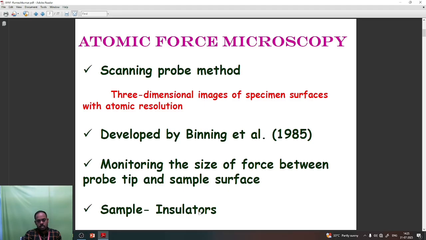In the earlier cases, SEM and TEM, we need conducting surfaces so that we can acquire the morphology or the images of the sample surface. So in order to analyze insulators, we need atomic force microscopy. The instrument will raster or scan the sample surface using the cantilever. The force between the cantilever and the sample surface will be measured, and that force will be converted into electrical signals.